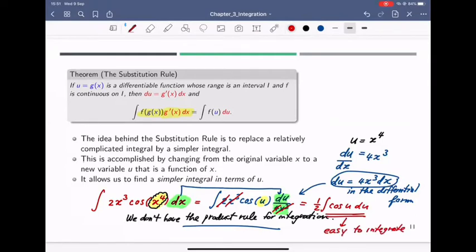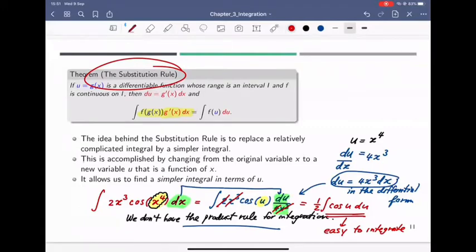The process that I just did here is called the substitution rule. That is going to be our basic technique for integration. We're going to ask you a lot to do the substitution rule, so this is required for calculus 1. For the next 5 or 6 examples, we're going to practice the substitution rule.